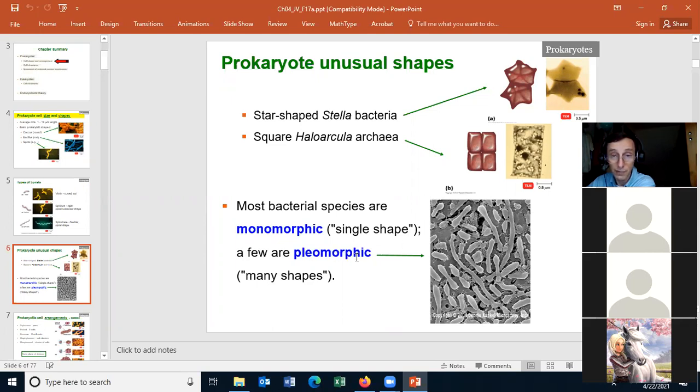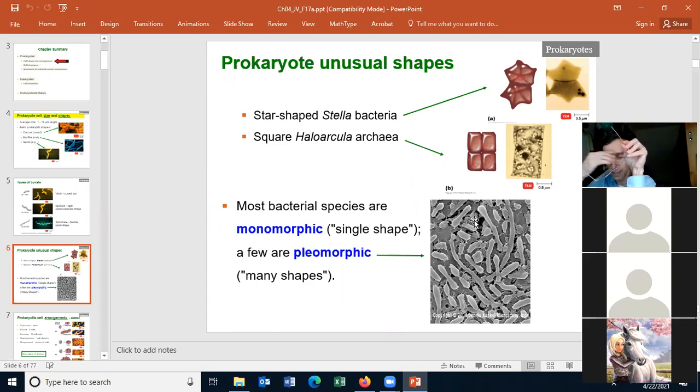Pleomorphic means many shapes, or many morphologies. And here we're looking at pleomorphic cells.